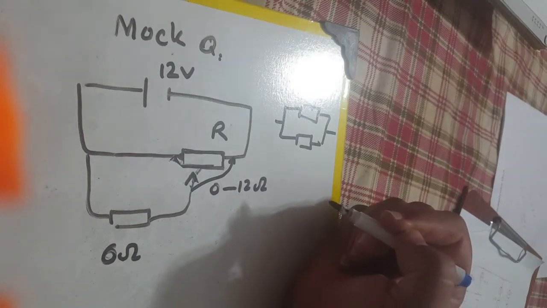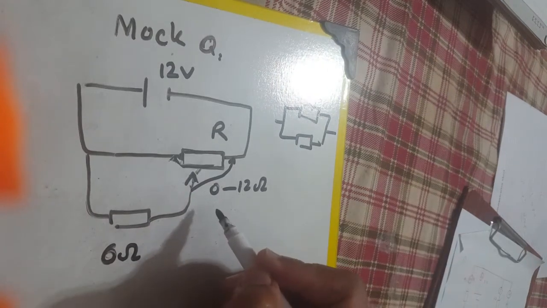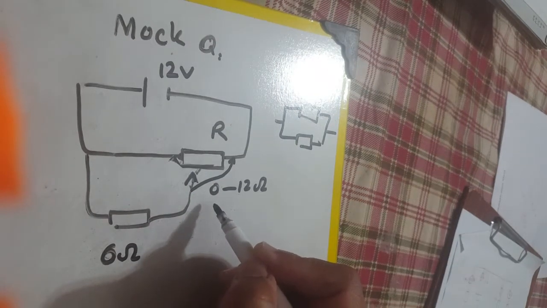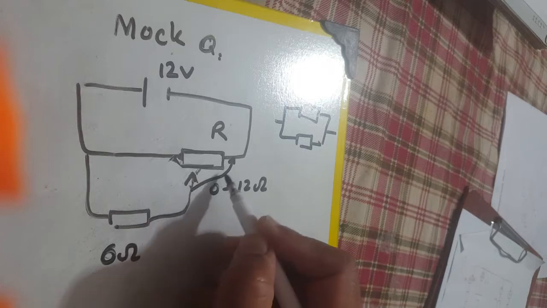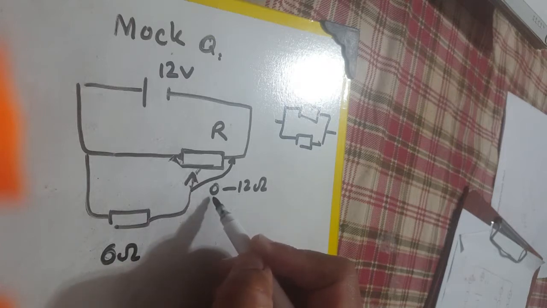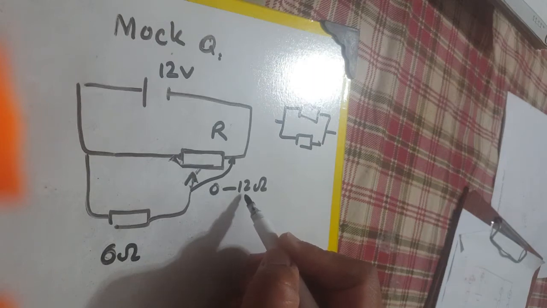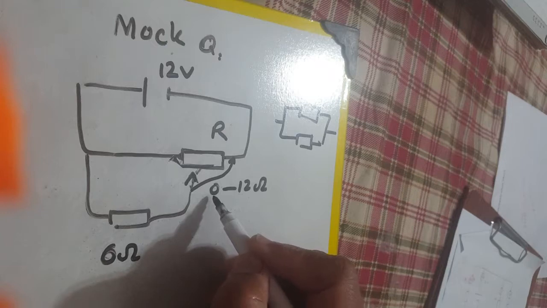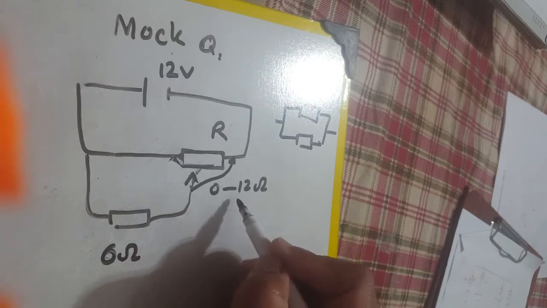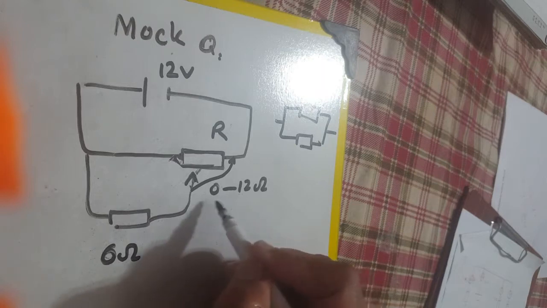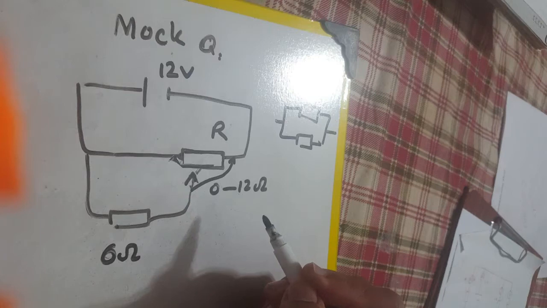Okay. He says that we have two big options here for variation of contact. One, if we place the contact at 0. The other, if we place the contact at 12. You just use those two values and find the maximum and minimum value of the current in the circuit. That was the question.